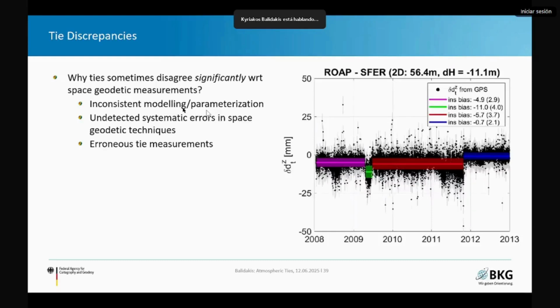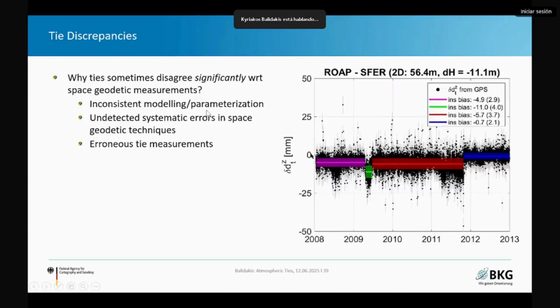Many times it's an intersection of axes, which is no material point. For example, in the graph here, you see on the horizontal axis the time, on the vertical axis you see the zenith delay differences between two stations. I have already applied the expected atmospheric delay using ERA5 data.